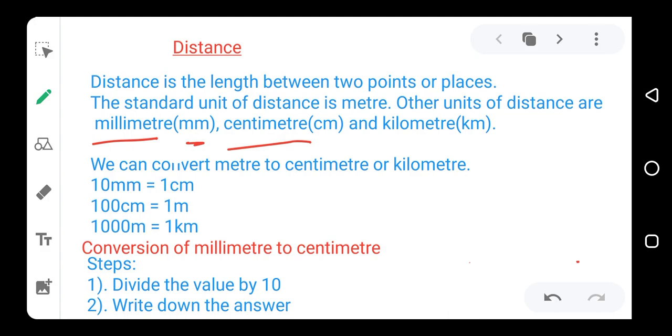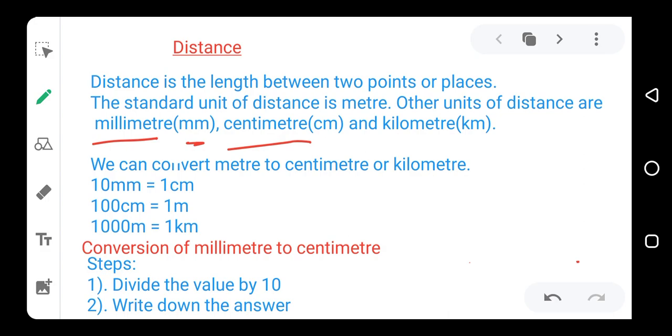But when the length you are measuring is very, very big, like you want to check the distance between Abuja and Lagos, or between Nigeria and Dubai, you use kilometer.